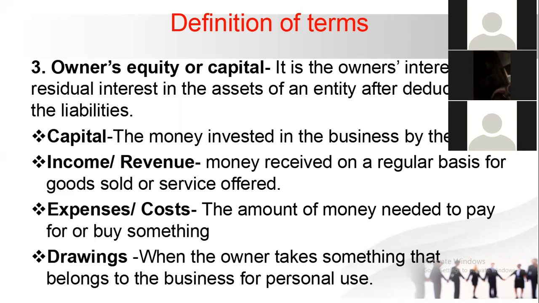Suppose again, we want to pay for insurance to insure our products. That is again an expense. So the moment we pay for something for the purposes of conducting business, it becomes an expense and it falls under the owner's equity or capital.